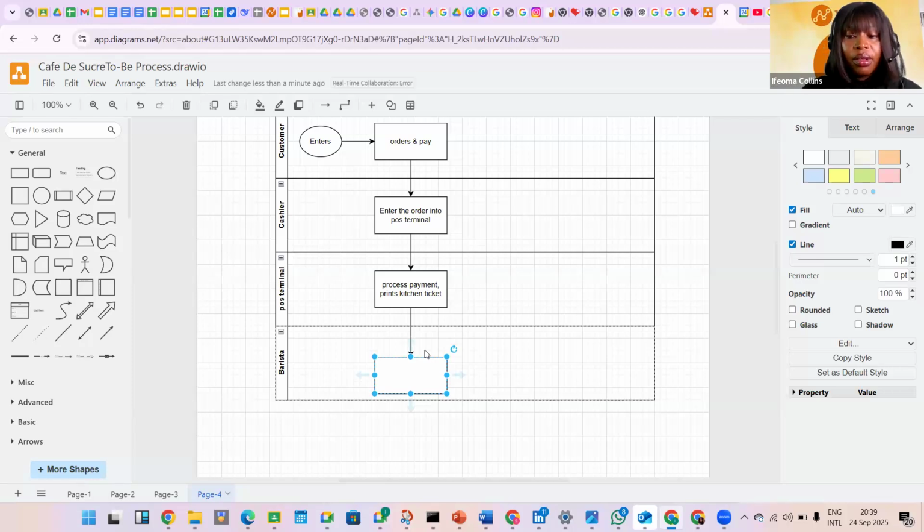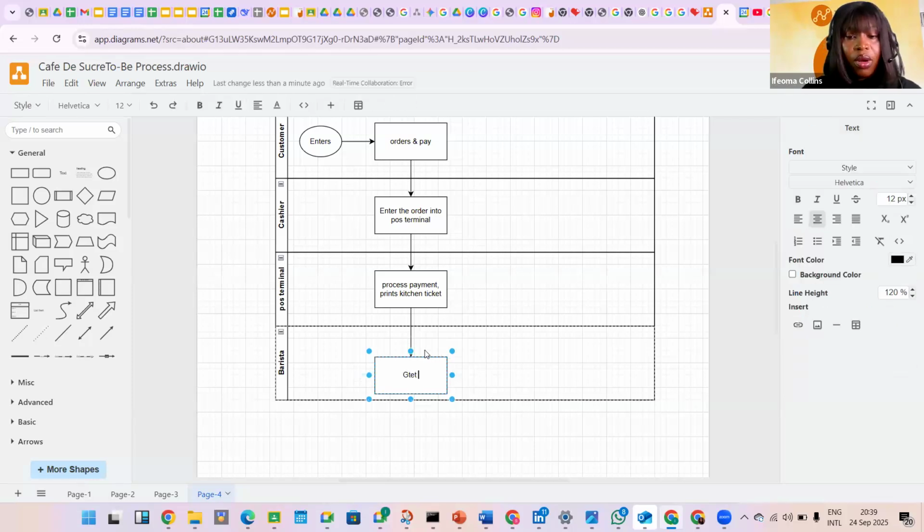Gets on-screen alerts of the order. Okay, so you can see that this whole process now is automated.